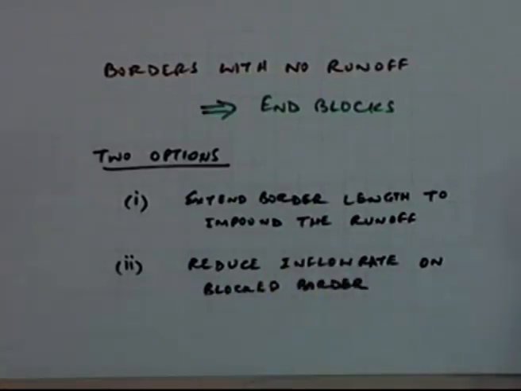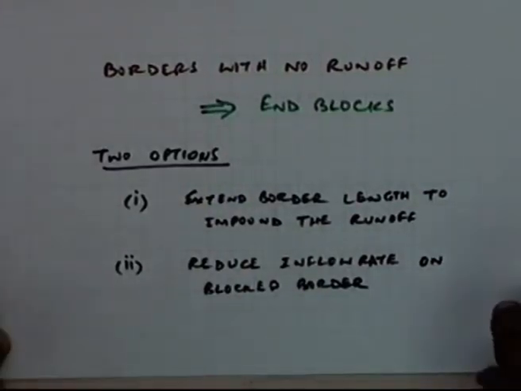In this case, you have not changed the length of the border, it is the same as the original length, but in turn you have reduced the inflow rate to such an extent that there won't be any surface runoff. Fine.